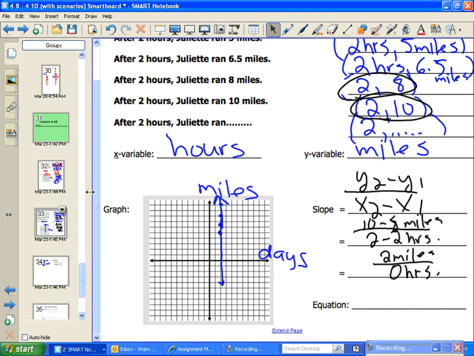Type it in your calculator. Error? What's wrong with your calculator? You're correct. It is impossible to divide by 0.